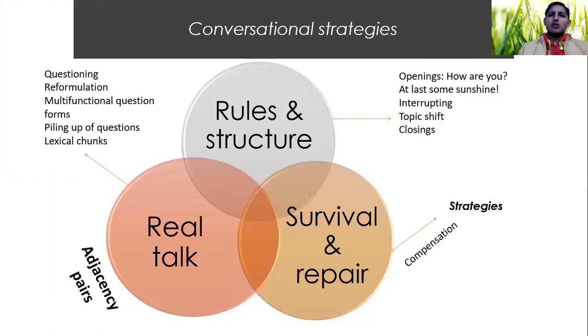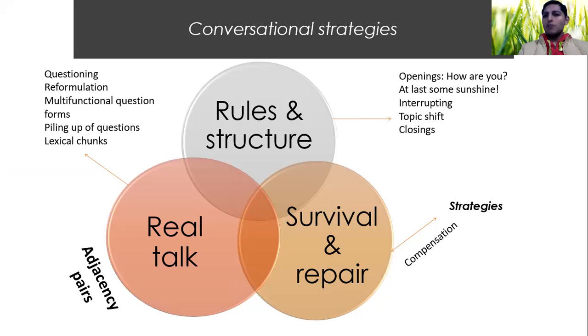Now, these conversational strategies have to do with rules and structure. Some of those strategies that students and speakers usually use are paraphrasing, using fixed expressions, using openings, interrupting, changing the topic, closing the conversation. And you have a couple of examples here in the slide.